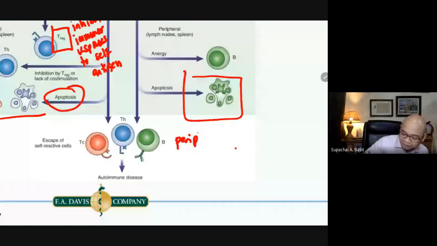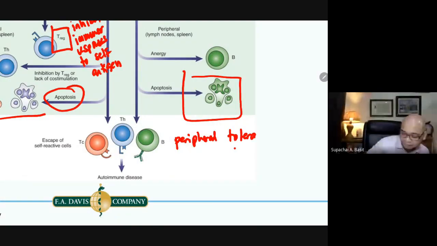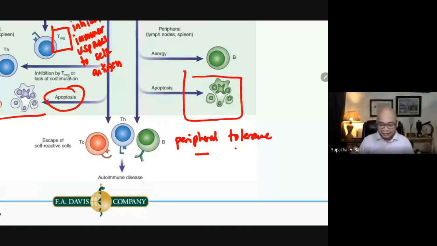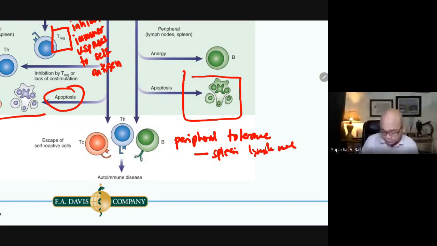Peripheral tolerance. So, cells that are removed to become non-reactive to self-antigen, if they are removed in the bone marrow and thymus, we call it central tolerance. If they are removed in the spleen, lymph node, and other secondary lymphoid organs, we call it peripheral tolerance.